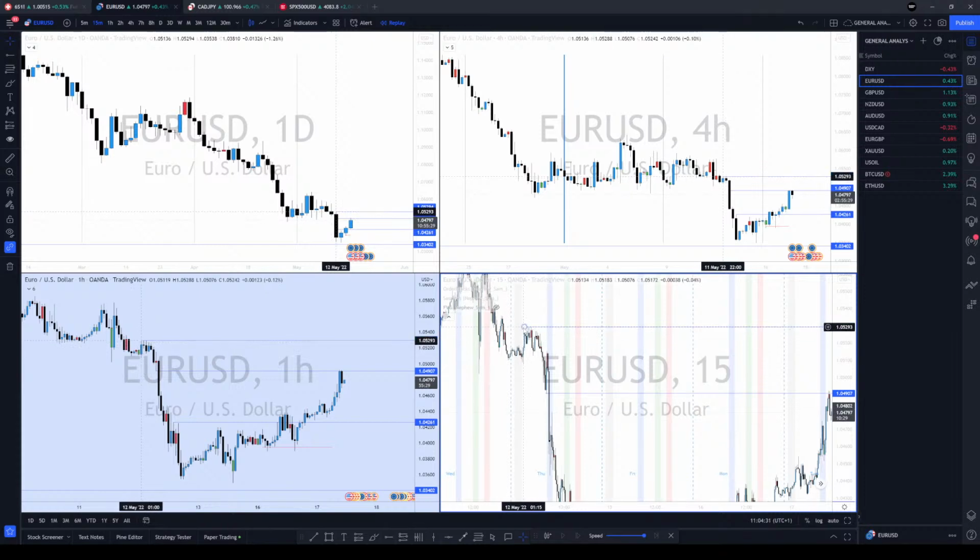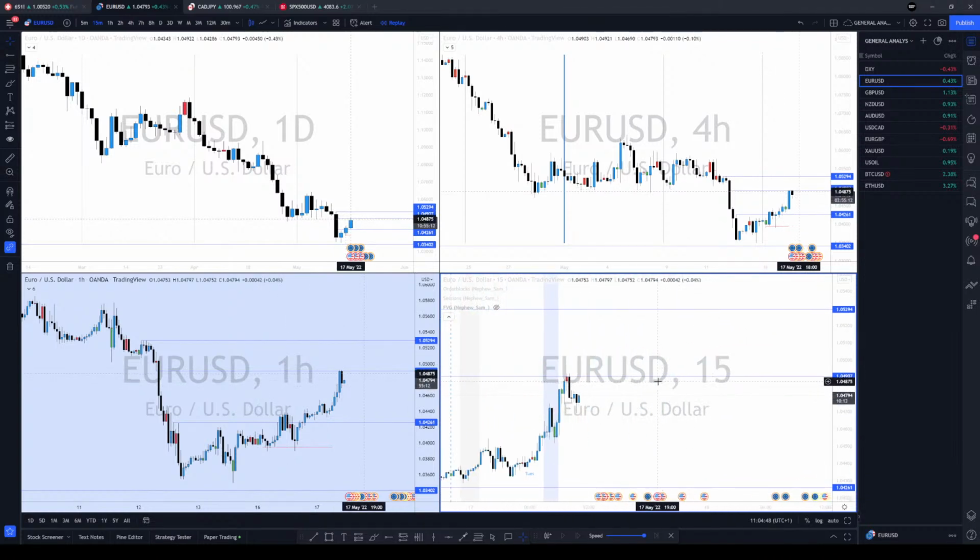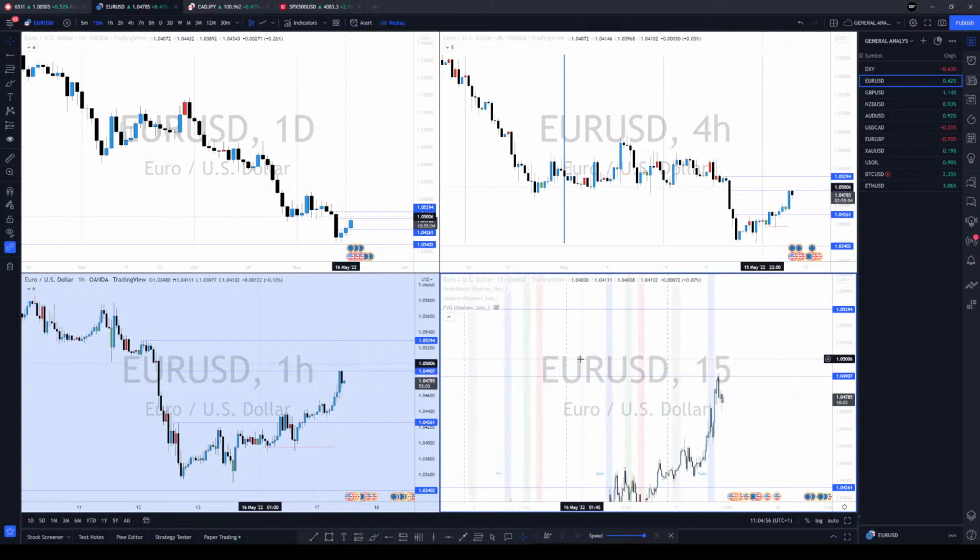So that is the Asian high there, right? You should watch that instead, because they did not take out that Asian high, so there will be liquidity sitting above that Asian high. I wouldn't look for a sell in here yet, because of what I've just explained.